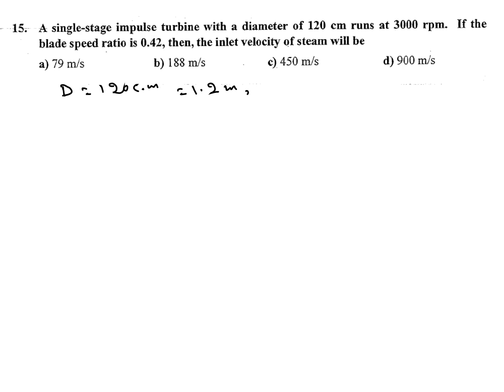N is the RPM, 3000 RPM. Blade speed ratio rho is small u by V, 0.42. Inlet velocity V we have to calculate.